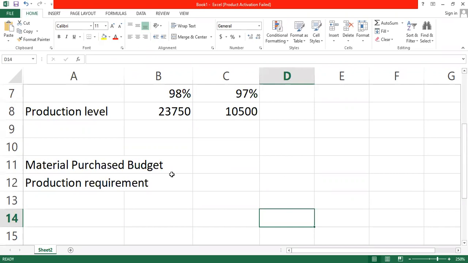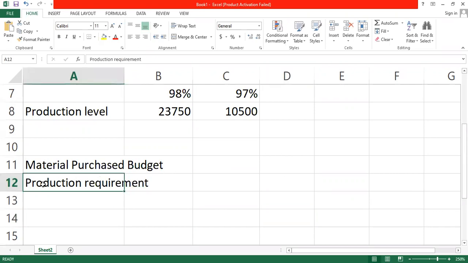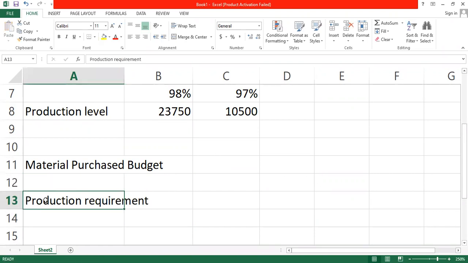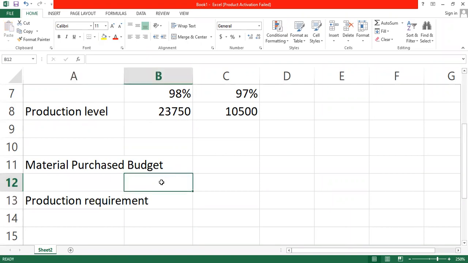Am I correct? Yeah, you're right. So for products, what is the production? How many quantity are we planning to produce? 23,750.